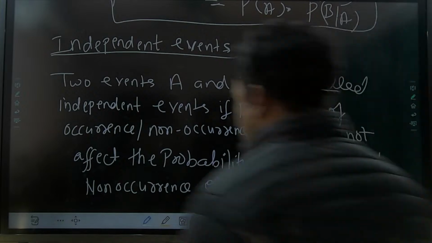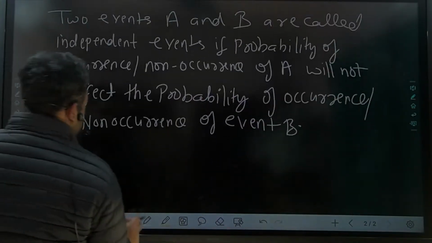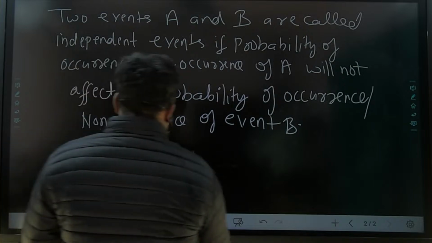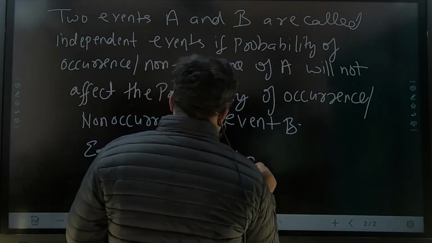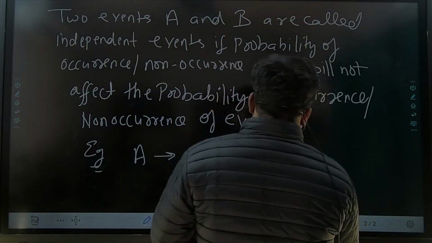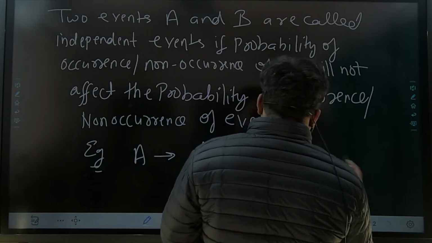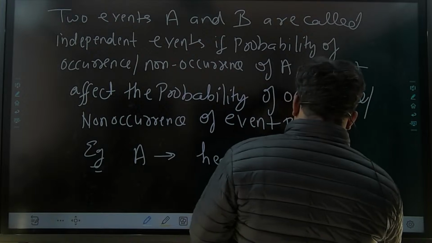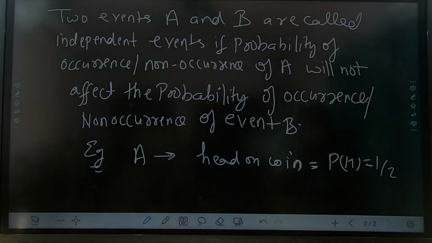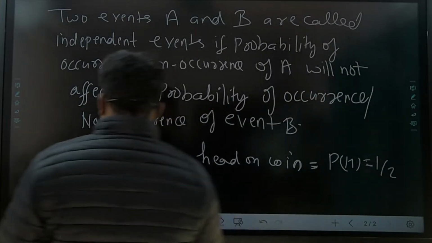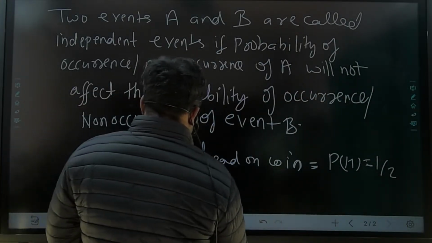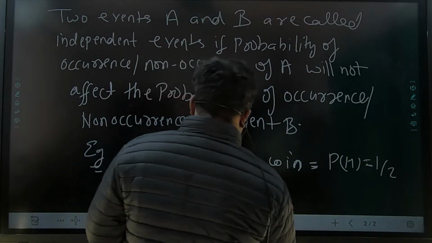For example, suppose an event happens and in that event a head on a coin is expected. It has nothing to do with the probability of getting tail, because the probability of getting head is fixed at 1/2. Similarly, suppose another event B is getting 2 on a dice.